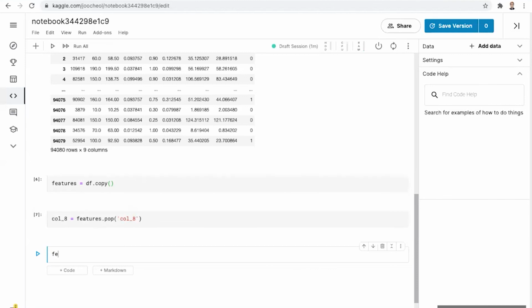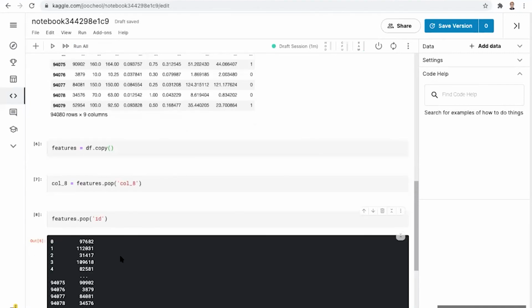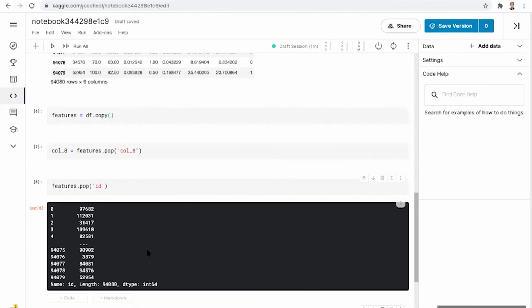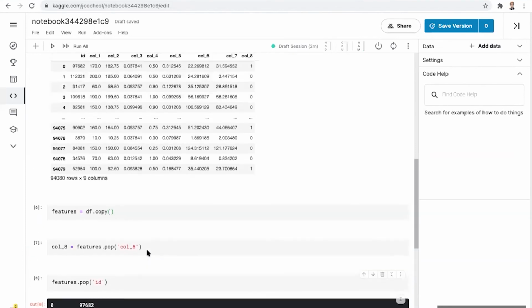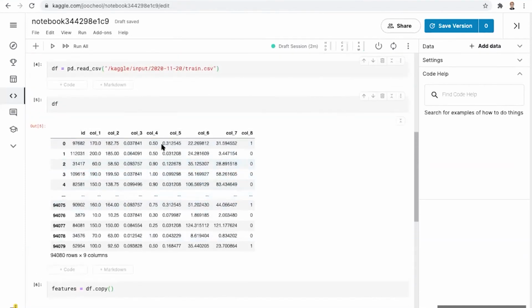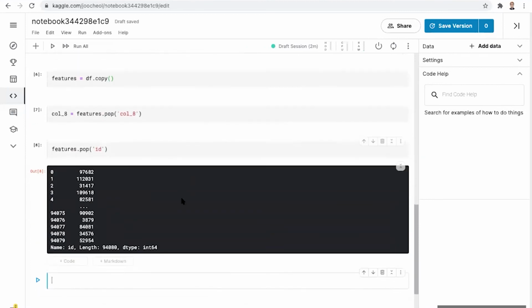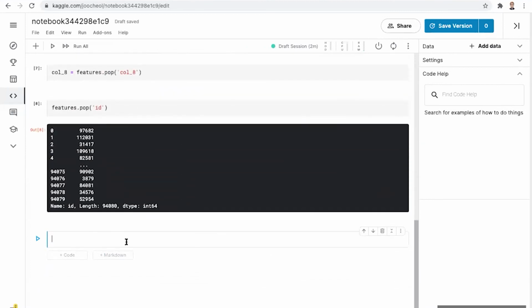And I don't need IDs, so features.pop ID. Okay, of course I have to eliminate the column 3, and so forth, but I'm just gonna skip, and I just pretend that I have the features and my column 8 to show you how to do the classification.